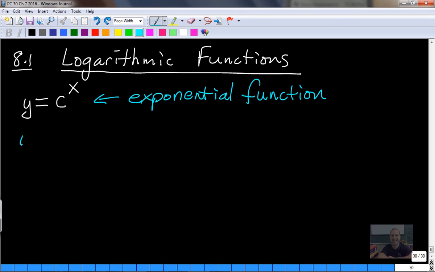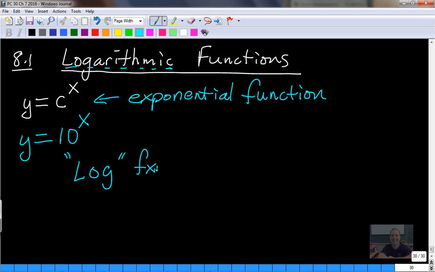So if we had y equals 10 to the power of x, okay, as our exponential function, the logarithmic function is the inverse, okay? So the log, and it's logarithmic, but it's abbreviated log.